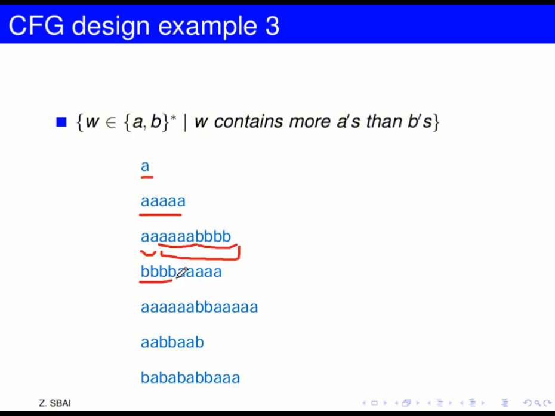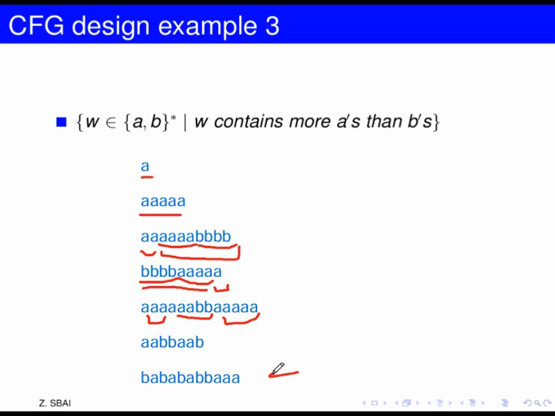A number of B's with the same number of A's, so this is the balanced part, and another part which is composed of just A. Also here we may see, for example, that we have double A, double B, a balanced number of symbols A and B, and before it and after it we have any sequence of A's.